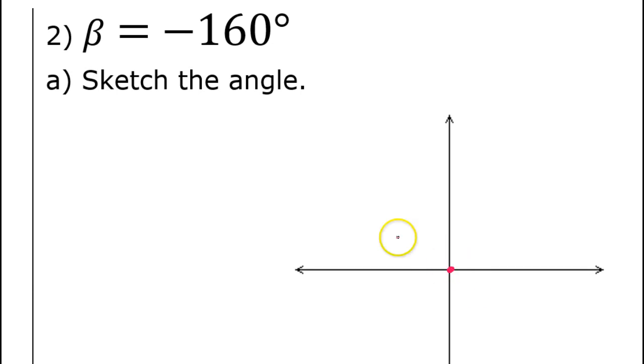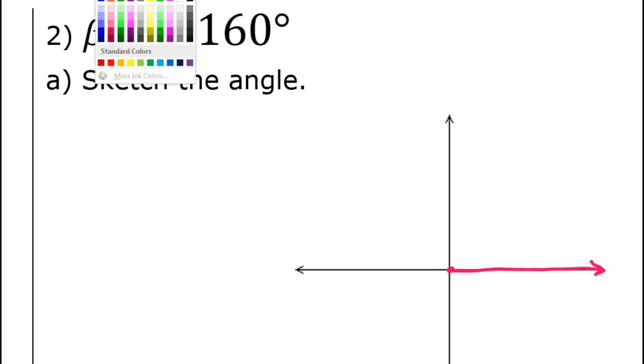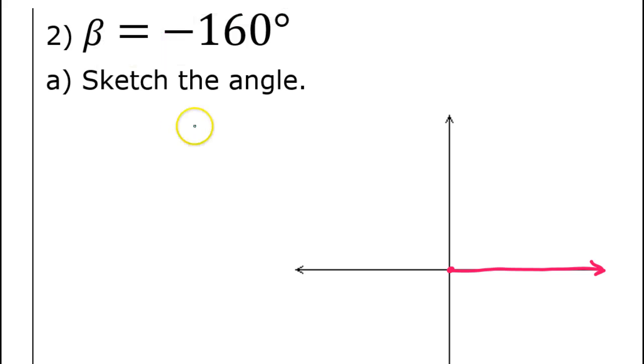Alright, we're supposed to sketch the angle, so we're going to start off in standard position. That always starts with the positive x-axis. Now, notice that this time, this is a negative angle. So instead of going counterclockwise, the negative direction is clockwise. If I went from here to here, that's negative 90 degrees so far.